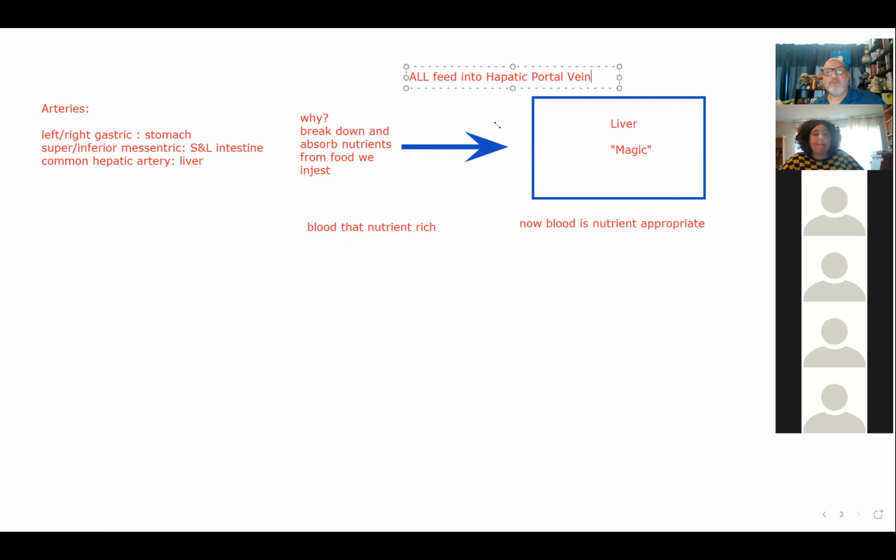And this hepatic portal vein brings the blood to the liver for that magic to happen. And again, when we get to the digestive system, we'll talk about what the magic is. But once we're done with that magic, once it's nutritionally appropriate, then it leaves the liver into the hepatic veins. And that, of course, as we saw, feeds into the inferior vena cava.